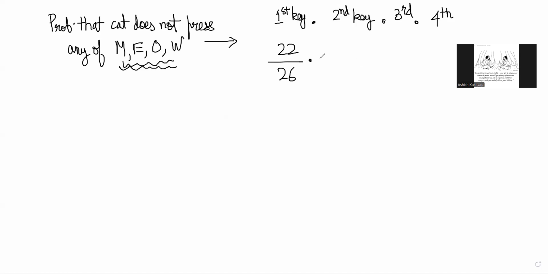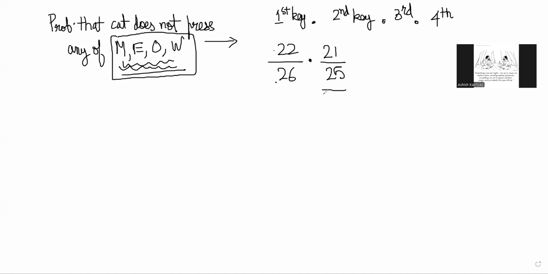Then you press a different one, and then you still can't press these 4. The cat first presses one key. It has to be anything other than MEOW. So it has to be 22 by 26 probability. Then if you press any other key except these 4, the probability will be now 21 by 25.